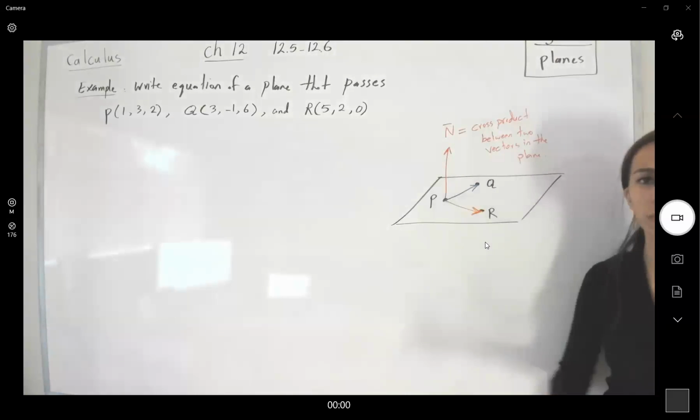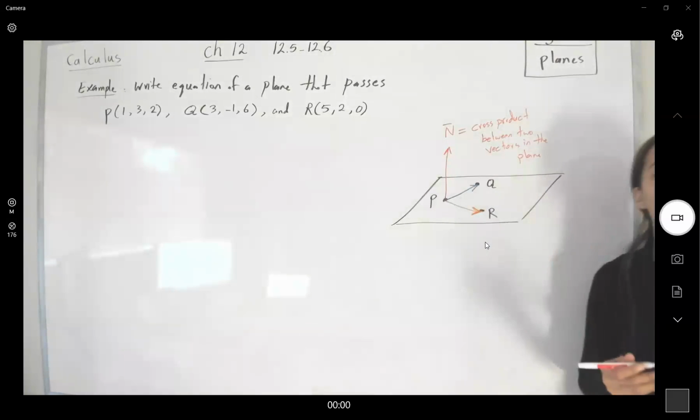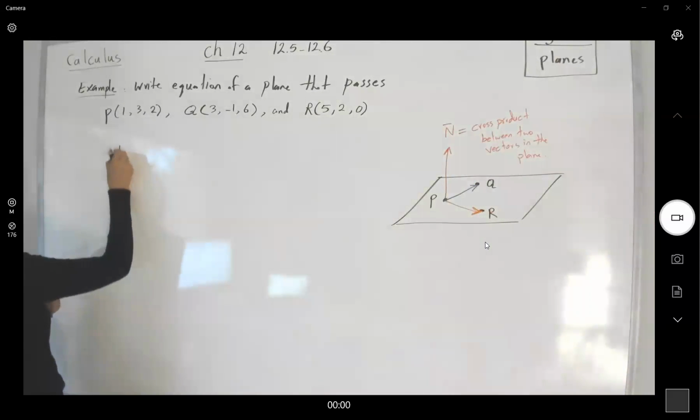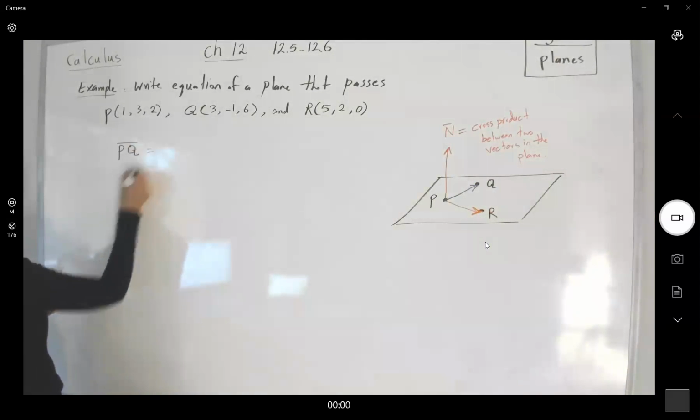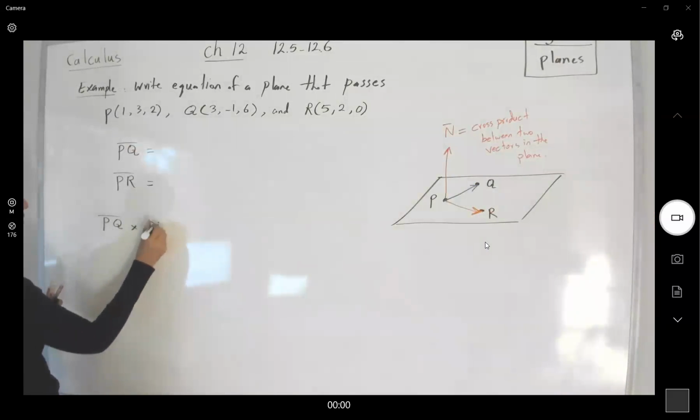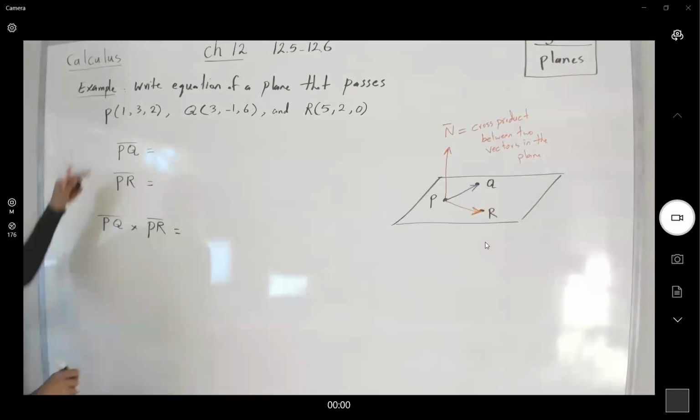So step by step, you're going to find the normal vector. So let us find PQ. Then we find PR. Then we need to find the cross product between PQ and PR. PQ.